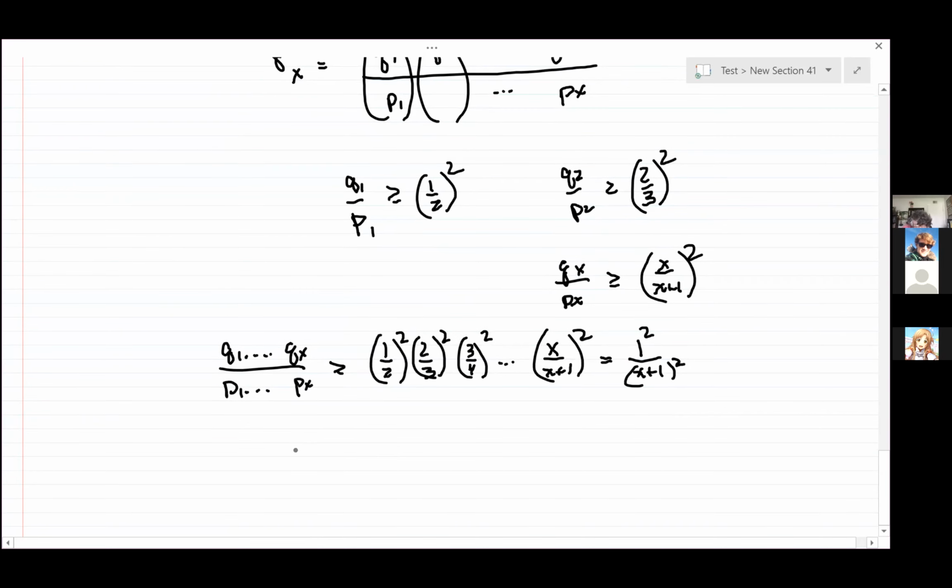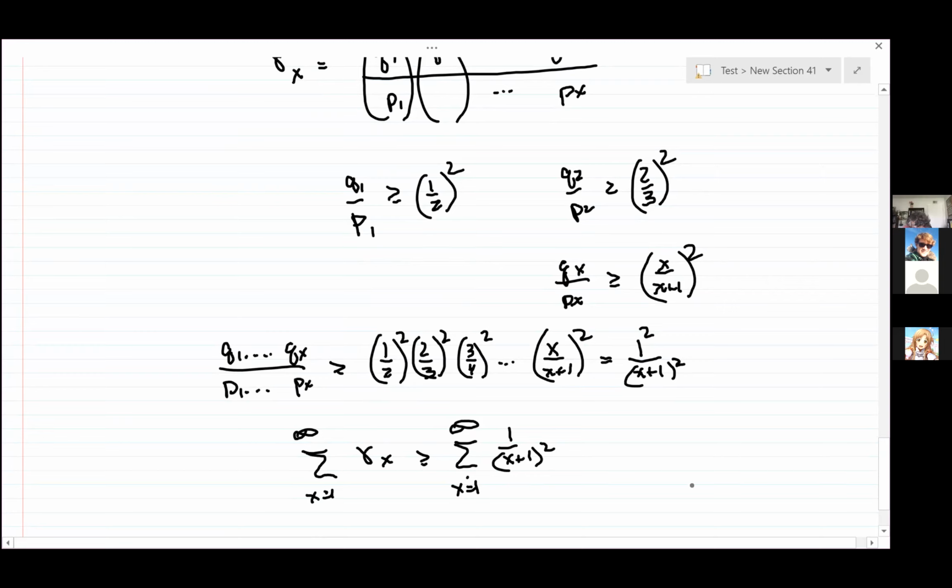But that means what? The summation of the gamma x's would be greater than or equal to the summation of this stuff. And what does this look like?